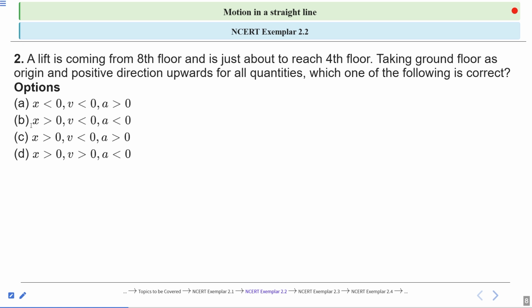Option B: x is greater than 0, v is less than 0, and a is less than 0. Option C: x is greater than 0, v is less than 0, a is greater than 0. And option D: x is greater than 0, v is greater than 0, a is less than 0. So here you have to find out the correct option. Think about it.